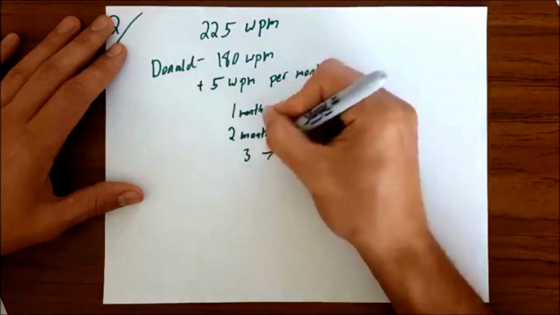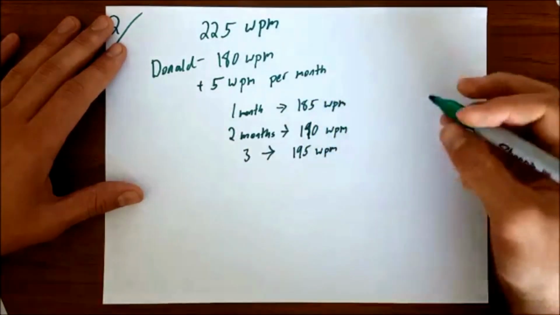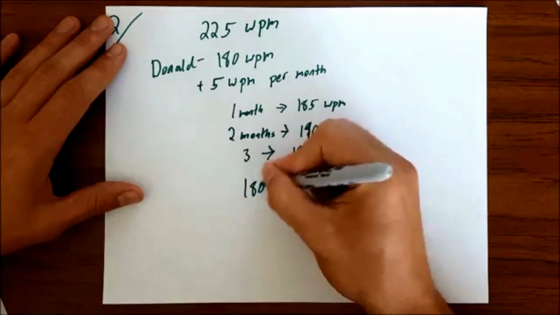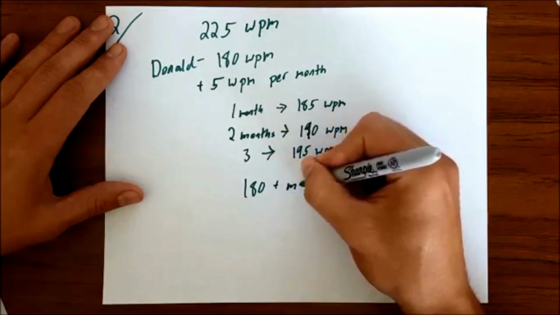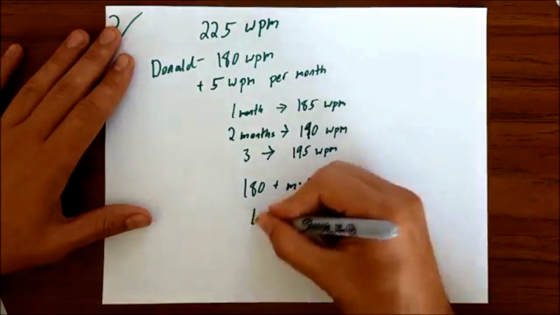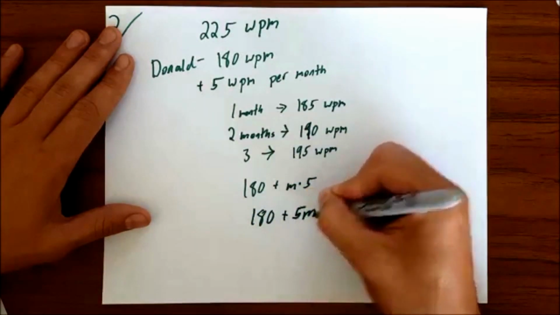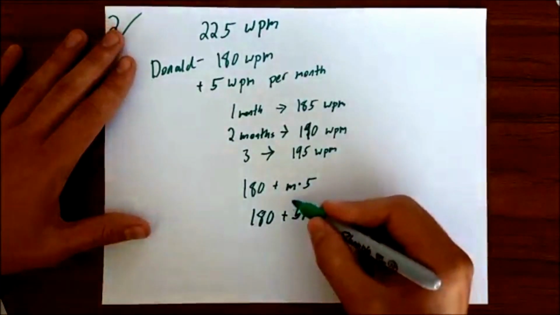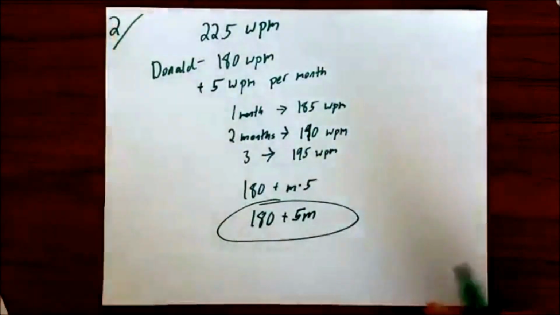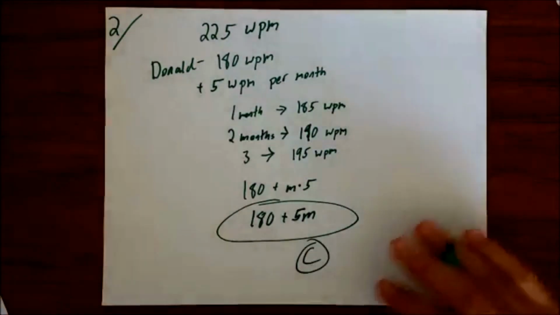If he did 3 months, another 5, he'd be up to 195 words per minute. So the general trend is 180 plus the number of months times 5, right? And that's actually just what the answer is looking for: an expression for, given however many months, how many words per minute can you write. And so this is the expression, which is letter C. Okay.